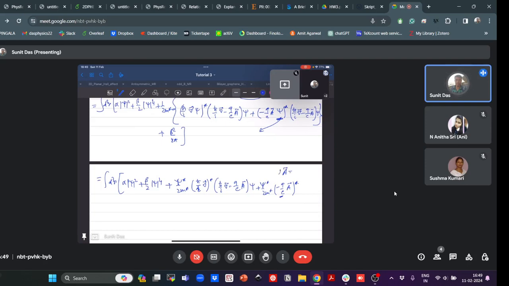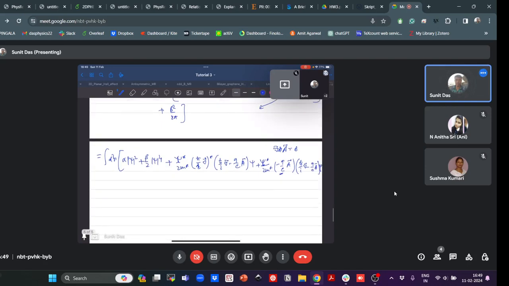It just represents the real magnetic field because curl of A equals B. So we don't need to give any star here because we have already explicitly written psi star here. So then the rest part is h by i grad minus q by c A, and then this will be psi.